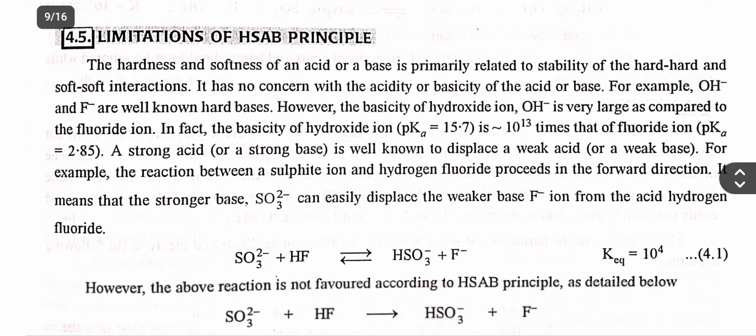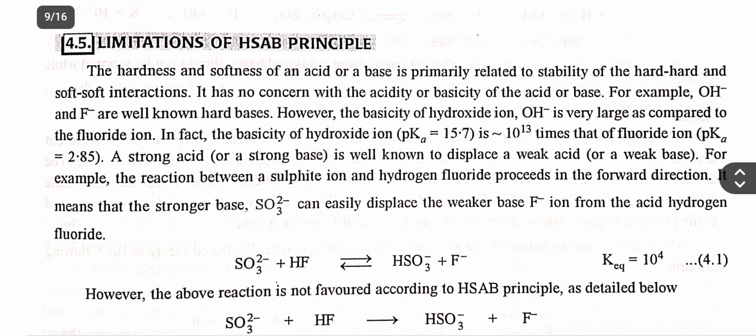Limitations of the HSAB principle. The hardness and softness of an acid or a base is primarily related to the stability of the hard and soft interactions. It has no concern with the acidity or basicity of the acid and base. For example, OH- and F- are well known hard bases. However, the basicity of a hydroxide ion is very large as compared to the fluoride ion.